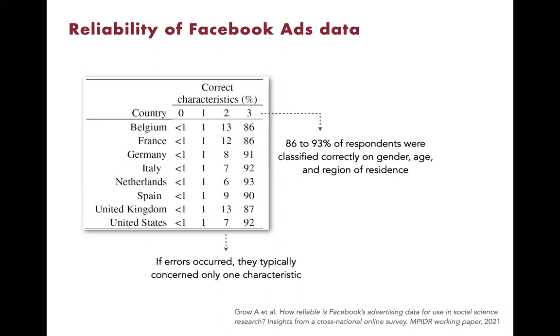And typically, if there is a mismatch, this concerns only one characteristic, and less than 2% had only one or no matching characteristics.